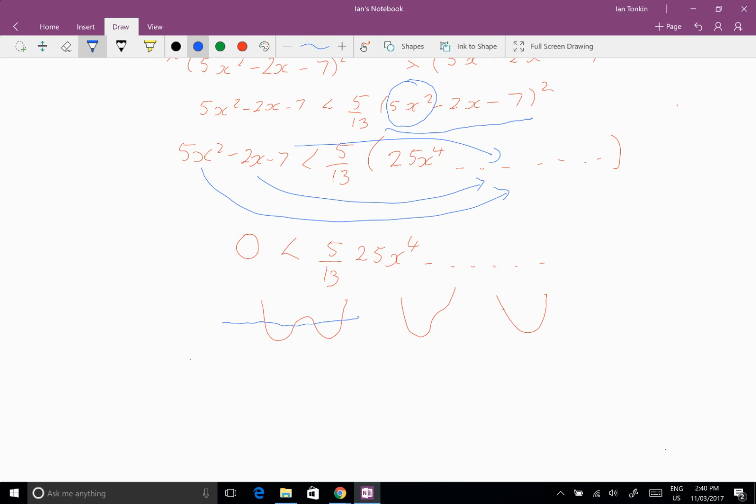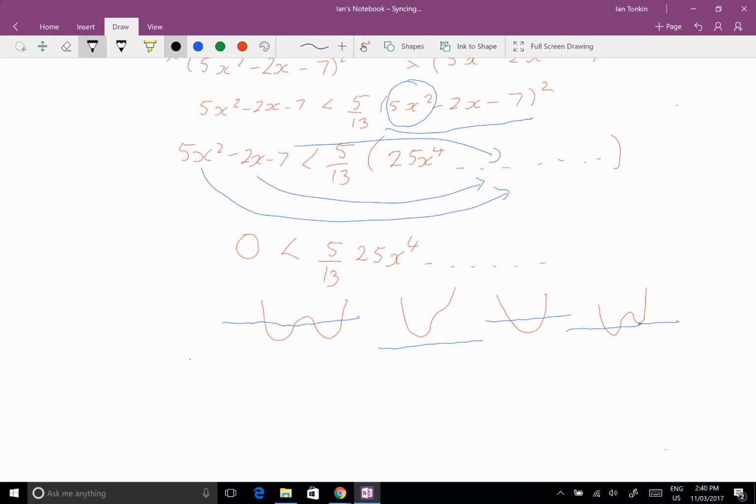It could have 2 roots. It could have no roots. It could even have 3 roots, because it could go like that and have 3 roots. But I know it's a positive quartic. So now when I find the critical points, I'll have a better understanding of what I'm doing.